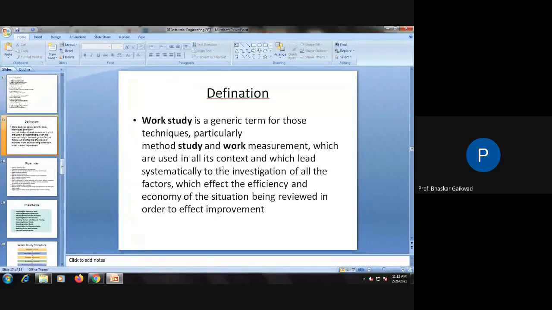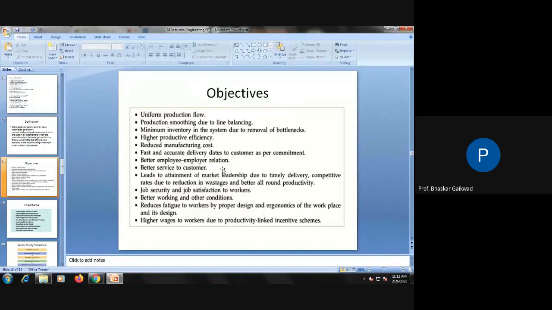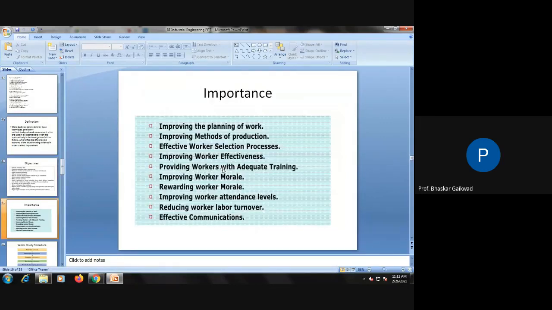Then work study. Under work study, two types are there: method study and work measurement. Now our second unit is related to method study. Work measurement means how much time is required to complete a job, which we have to measure. The objective of work study is given everywhere. The common objectives are that cost will be reduced, production will increase, productivity will increase.